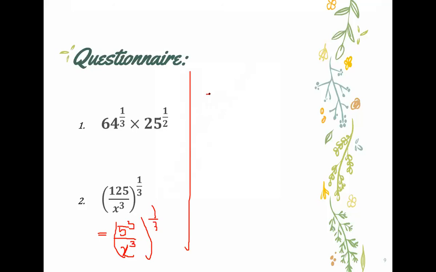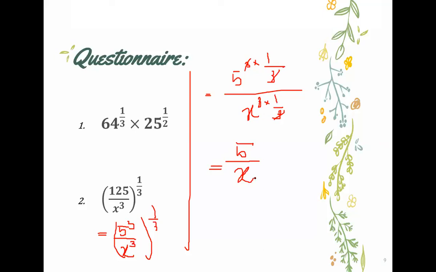I will write it down here, equals to 5 to the power 3 multiplied by 1 upon 3. Then simply x also we will multiply, x to the power 3 multiplied by 1 upon 3. So 3 will be cancelled with this 3, 3 will be cancelled with this 3. So answer will be 5 upon x. Right? This is our answer.